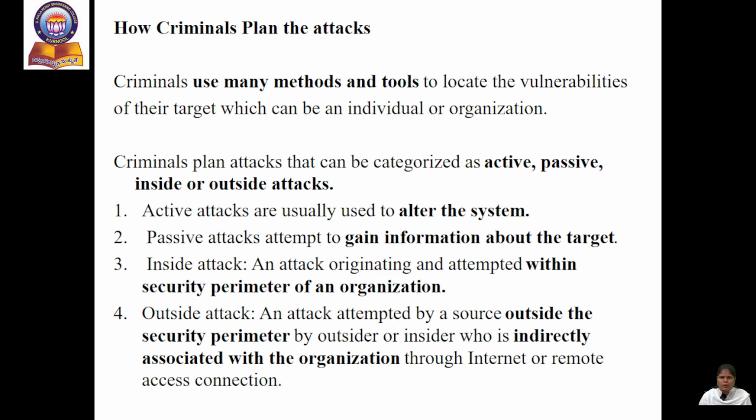Criminals may use either these types of attacks, or he may use different types of methods and tools in order to find or locate the vulnerabilities, that means weaknesses of their victim's system or the target system, which may be a single individual's system or an organization's system. So how the criminals plan the attack can be categorized based upon these types of attacks.